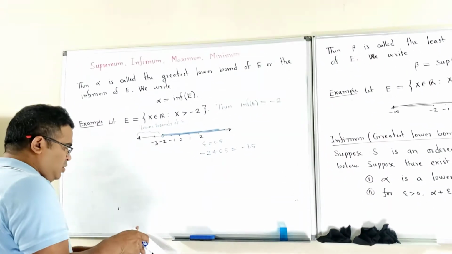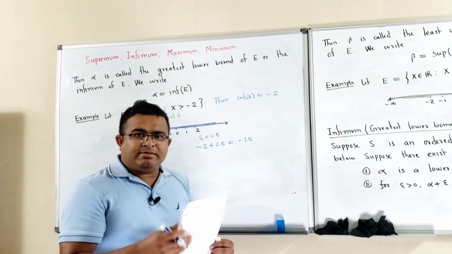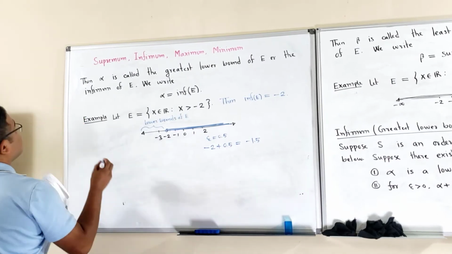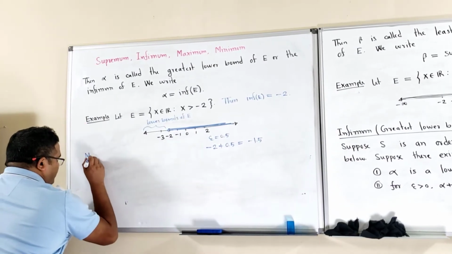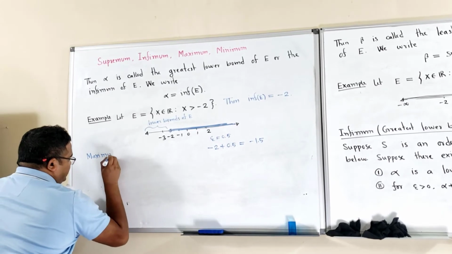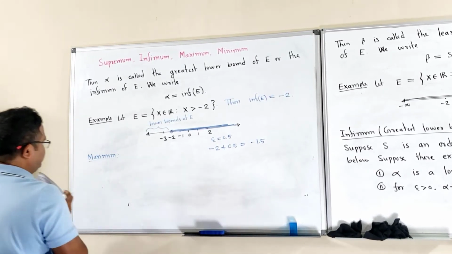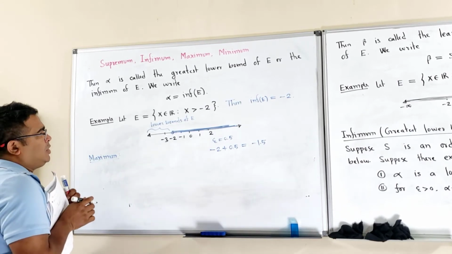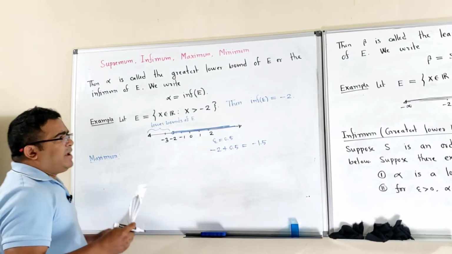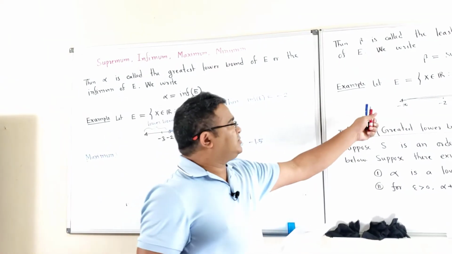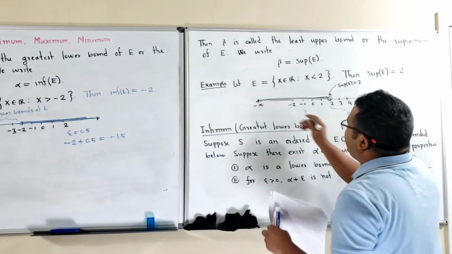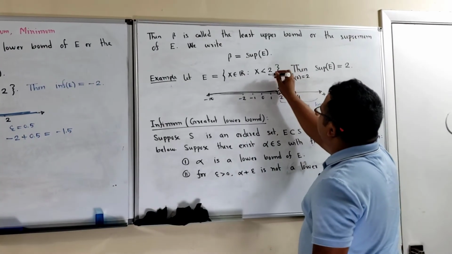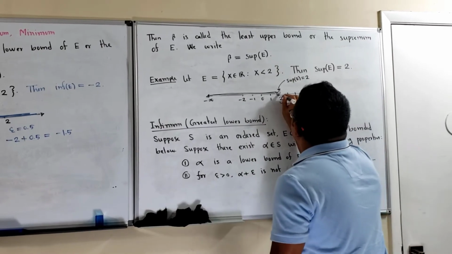Now we will discuss the maximum and minimum. So what is maximum? For maximum, we can go to this side. Here, what is the supremum? The supremum is 2. But is the 2 in the set?